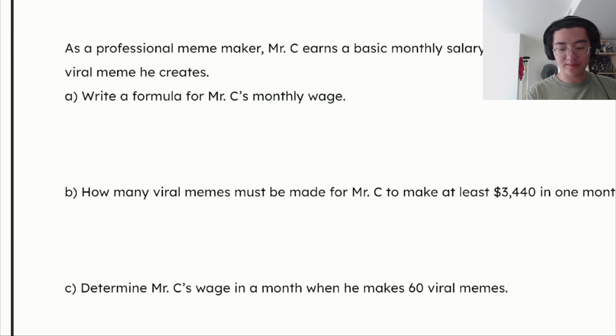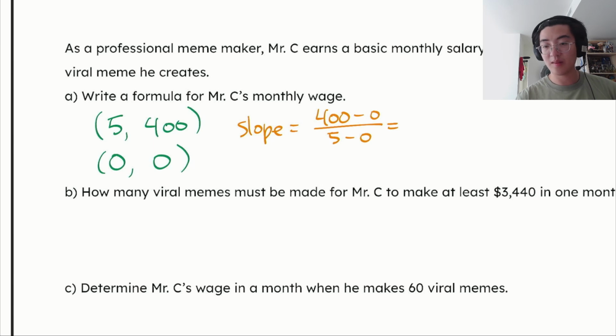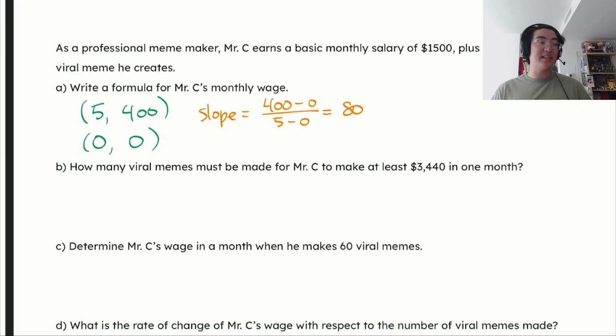We know that for every 5 memes he creates, he gets $400, which means that if he creates no memes, he gets $0. So the slope for the dollars he earns per meme is changing y over changing x, which is 80.